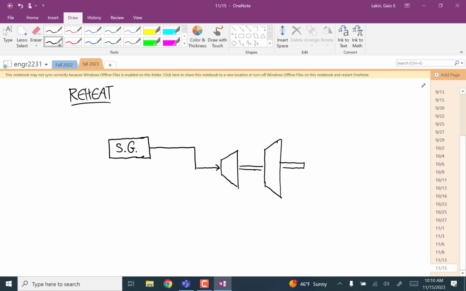The first turbine has a high pressure, and the second turbine has a lower pressure.